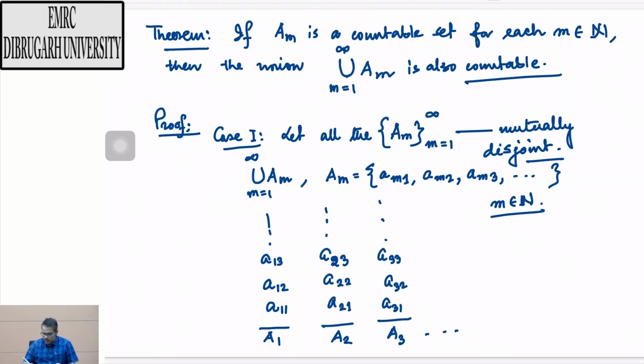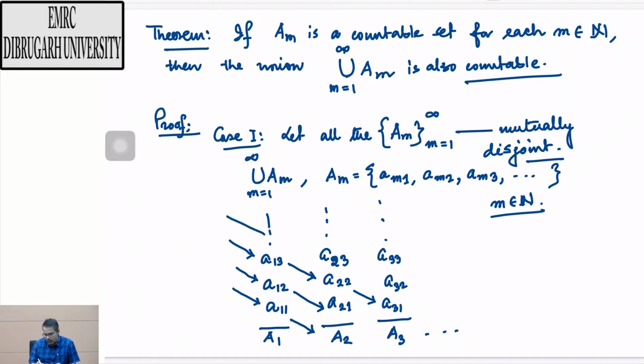Now, it looks like the elements of N cross N. Therefore, I take a11 as the first element, then a12 is the second element, a21 is the third element, a13 is the fourth, a22 is the fifth, a31 is the sixth and so on and so forth.